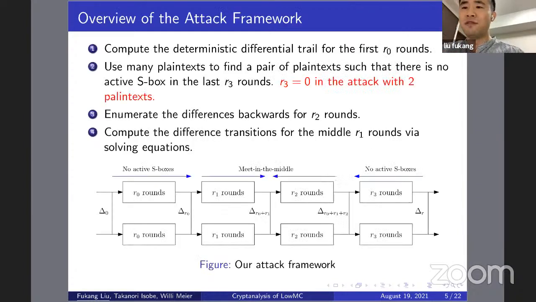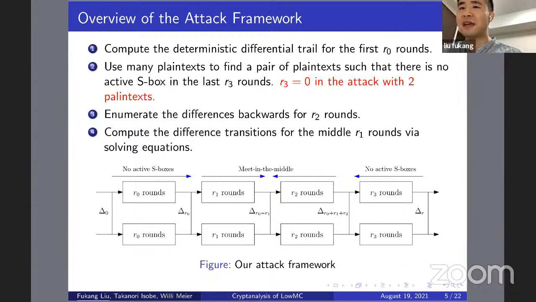This is an overview of our attack framework based on the difference enumeration attack. As the first step, we compute a deterministic differential trail for the first R0 rounds by exploiting the fact that only a few S-boxes are used per round. At the second step, if there are many available plaintexts, we can try to find a pair of them such that there is no active S-box in the last R3 rounds.